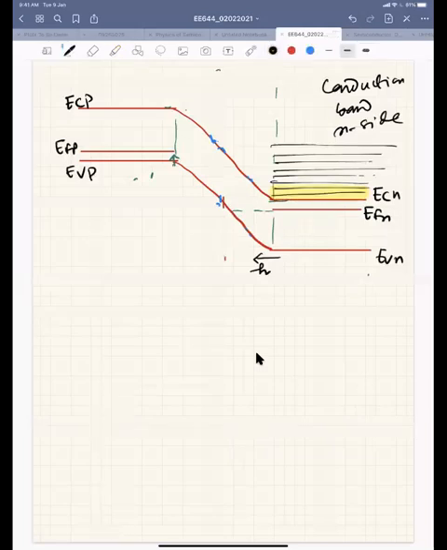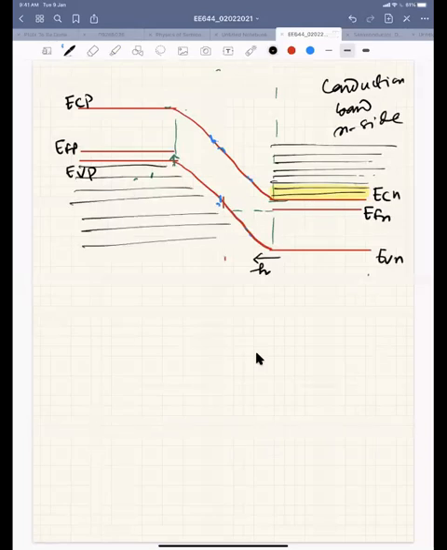Similarly, the valence band is mostly filled with electrons. If I have holes, then at the edge of the valence band there are some states which do not have electrons, but otherwise the valence band is filled with electrons.